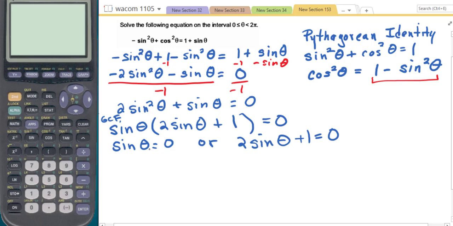For this one, you will do sine inverse of 0 equals theta. You might remember that's going to be a quadrantal angle and we don't have to do too much there.